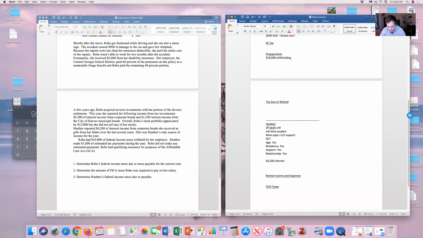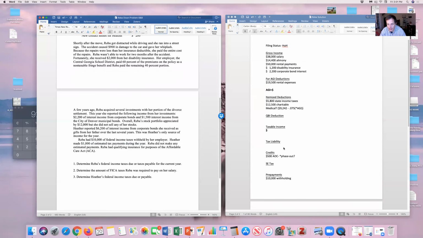So for Heather, in case we need to know it, we're going to put $1,000 of prepayments, under Heather, the daughter. Reba did not make any estimated payments. Employees don't usually. And she had insurance that satisfied the Affordable Care Act. So that's all of our raw info. We can calculate her taxes.